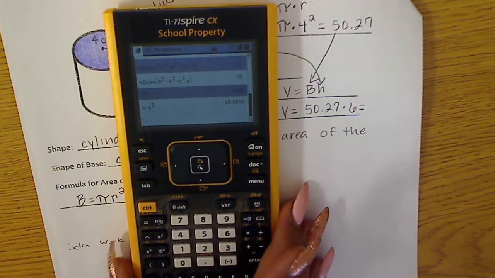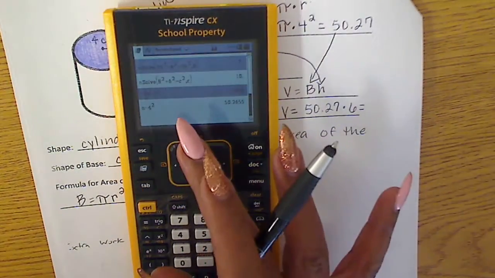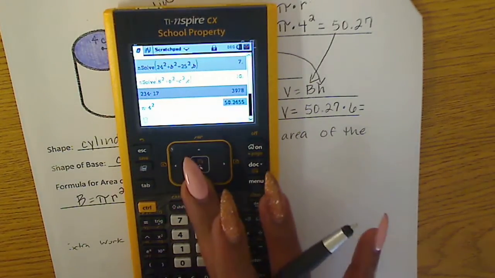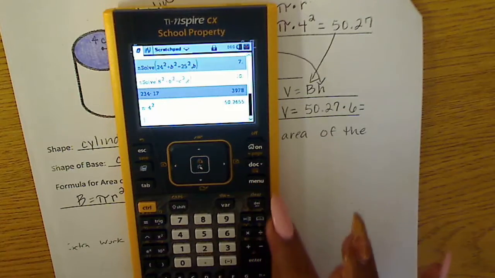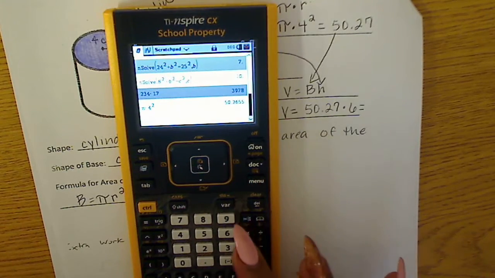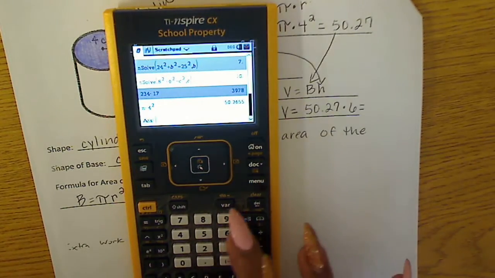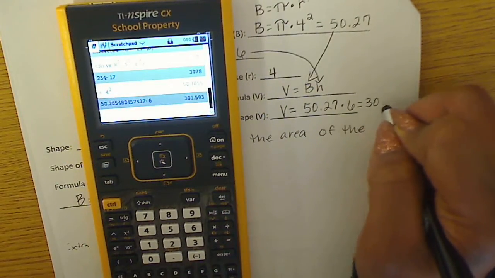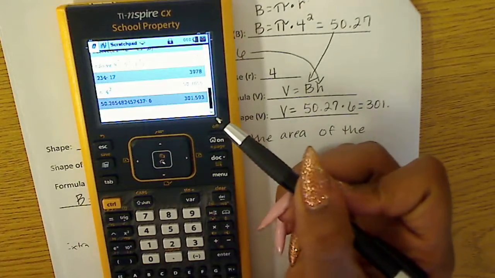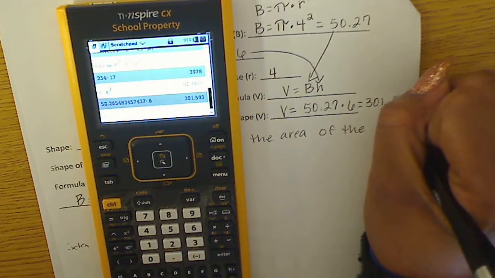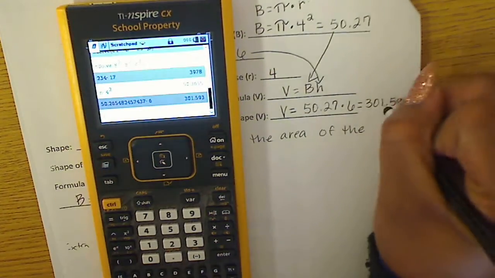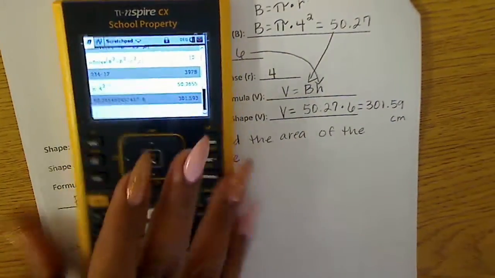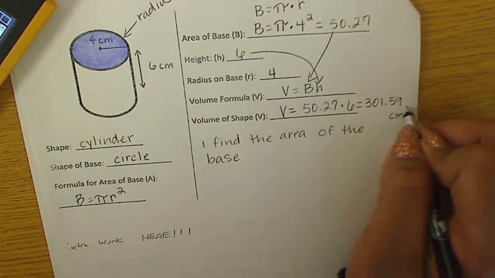If you already have your previous answer in your calculator, you can just hit the multiply button, and then 6, and you should have gotten 301.593, which will round to 301.59. And our unit was centimeters, is that correct? Cubed.